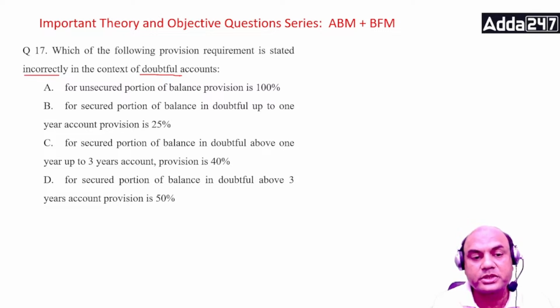For the secured portion of the balance in doubtful up to 1 year, provision is 25%. Above 1 year up to 3 years, the provision is 40%. Above 3 years, the provision is 50%.